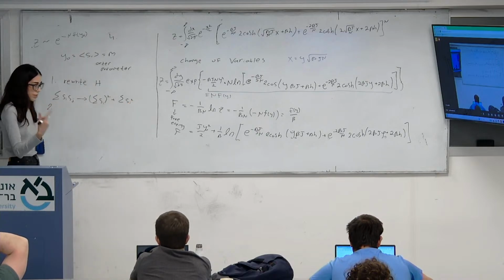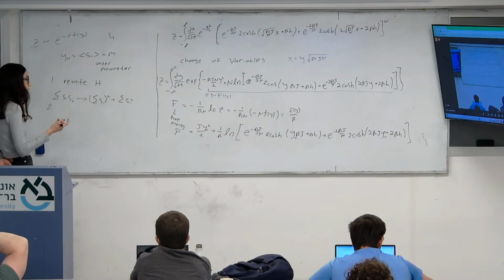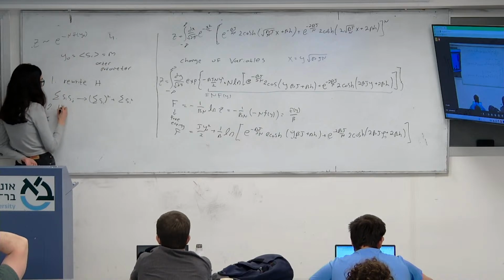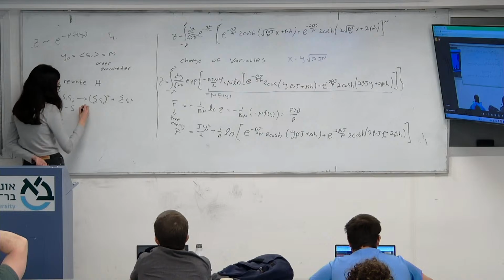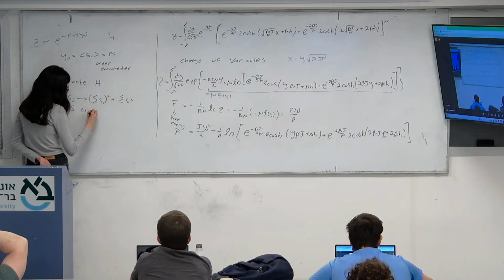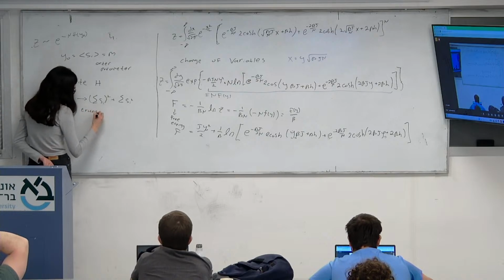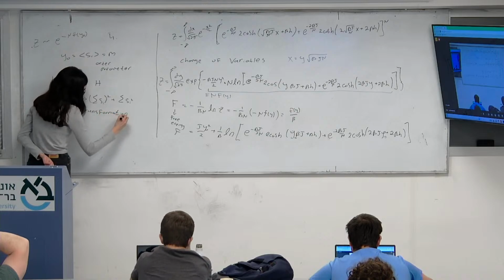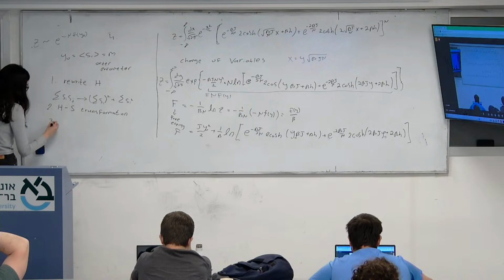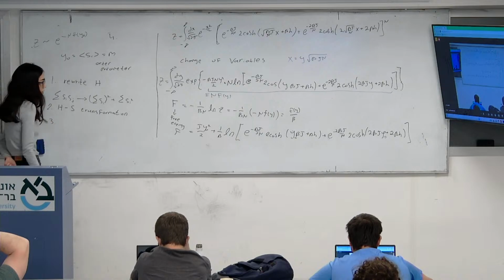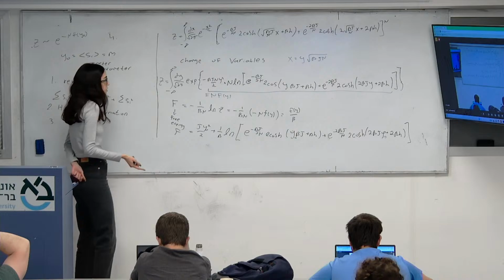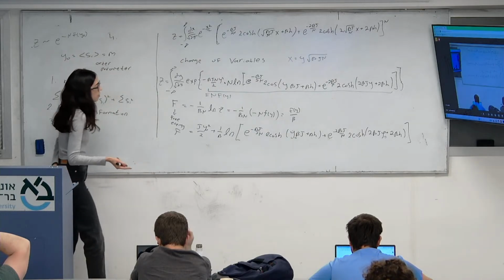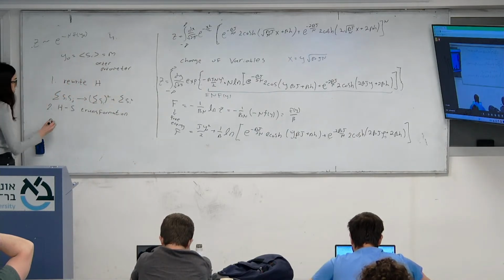The second trick that we did was to use the Hubbard-Stratonovich transformation. And then the third thing that we did was the saddle point approximation.